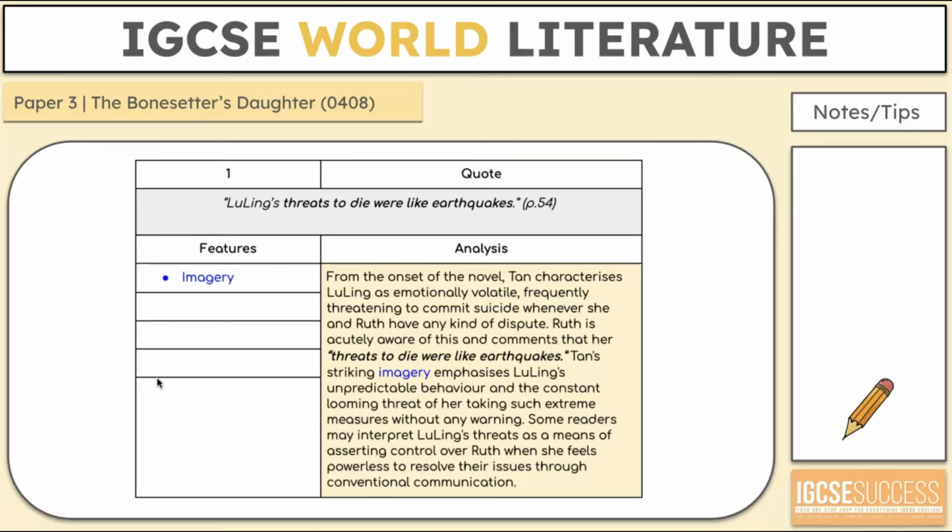Tan's striking imagery emphasizes LuLing's unpredictable behavior and the constant looming threat of her taking such extreme measures without any warning. Some readers may interpret LuLing's threats as a means of asserting control over Ruth when she feels powerless to resolve their issues through conventional communication. And that really is what an A-star analysis looks like, guys.